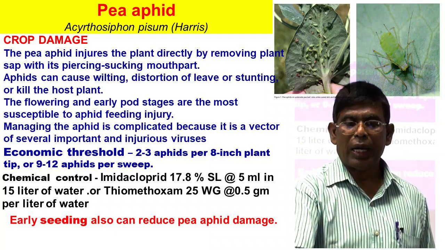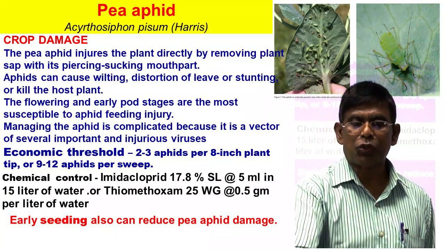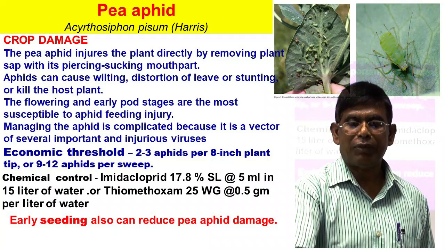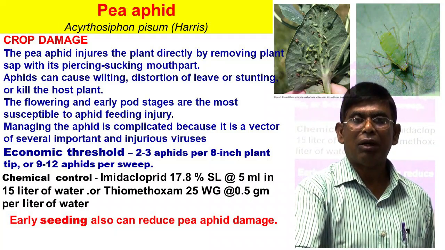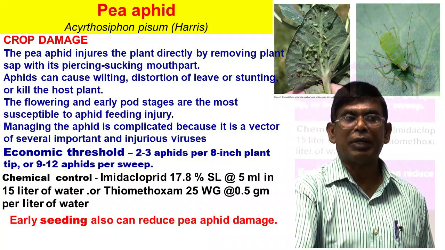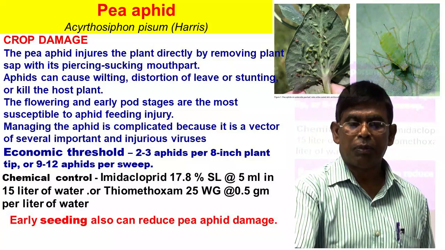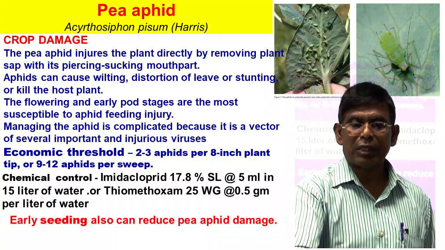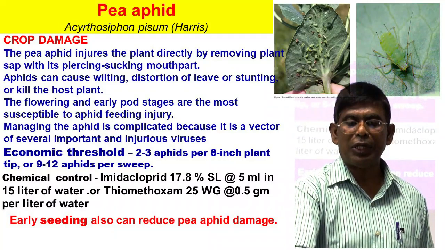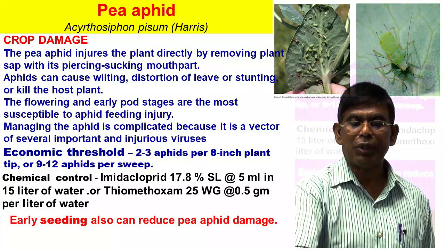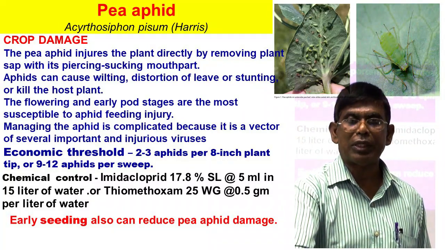The flower and early pod stages are the most susceptible to aphid feeding injury. It also acts as a vector and transmits viral disease to the host plant. Economic threshold level is 2 to 3 aphids per 8-inch plant tip or 9 to 12 aphids per sweep.